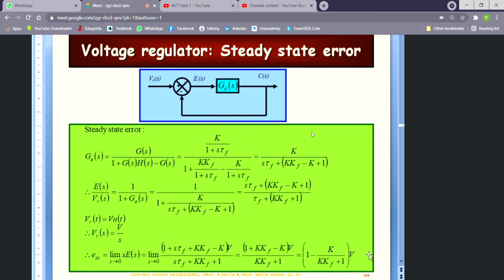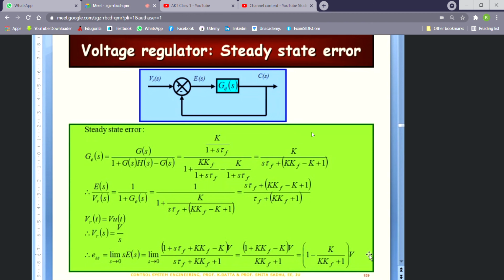In this particular system, a voltage regulator system, we do not expect the steady state error to be 0, because it is not a system where we would expect the output to follow the input. Rather, it is the other way around, meaning we would expect a corrective action to take place such that if there is a change on the input side, it would not be reflected on the output side.